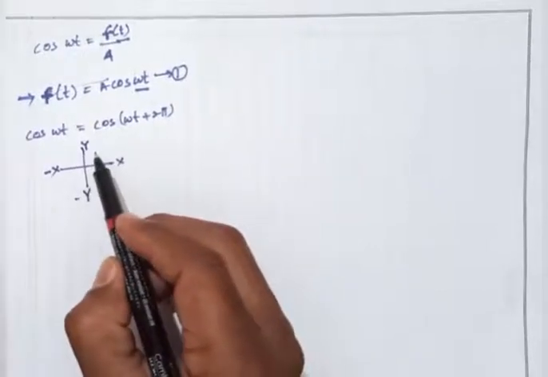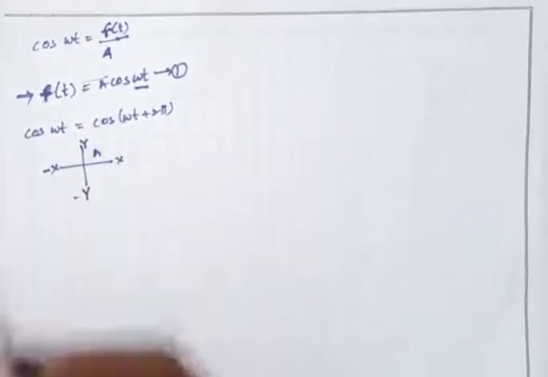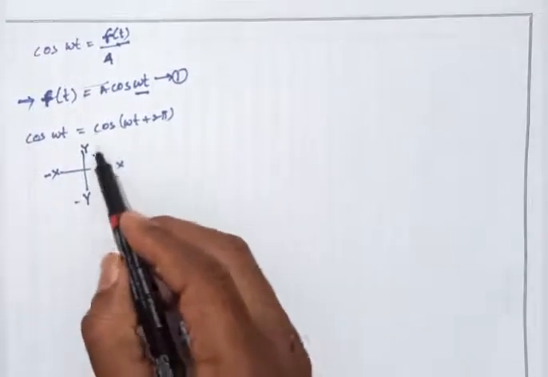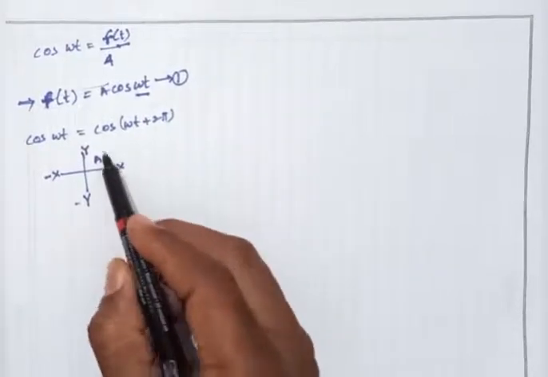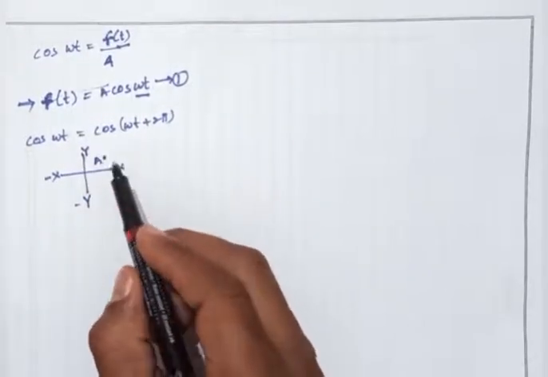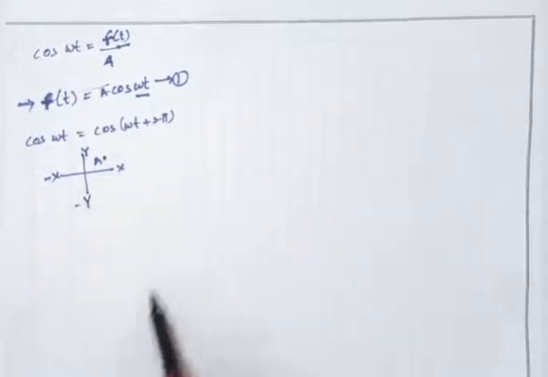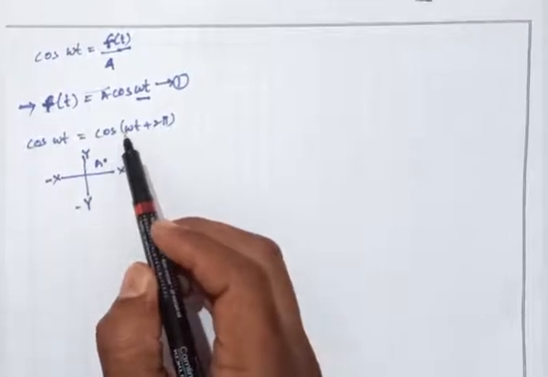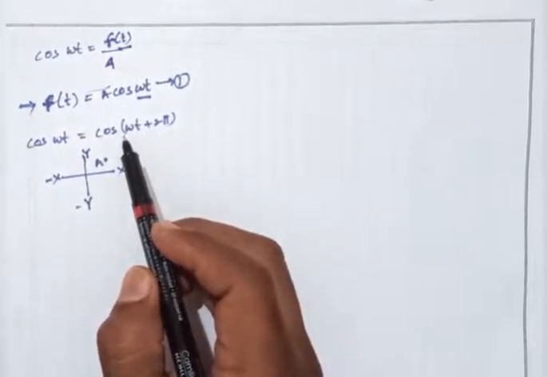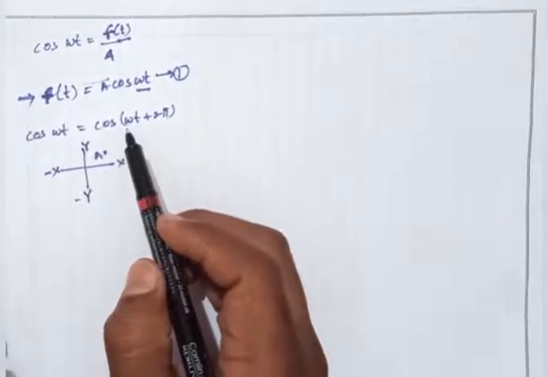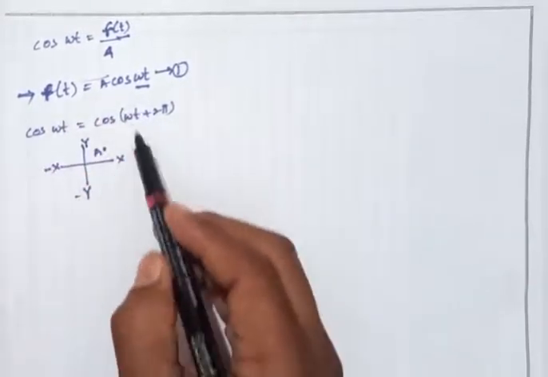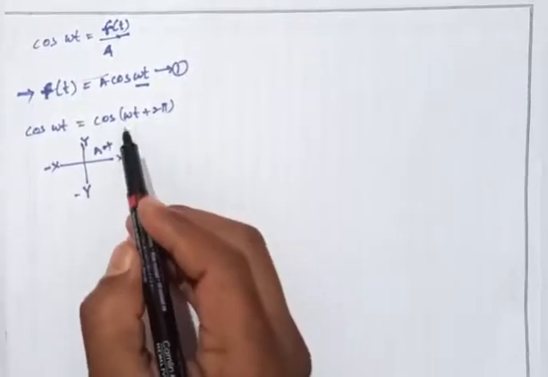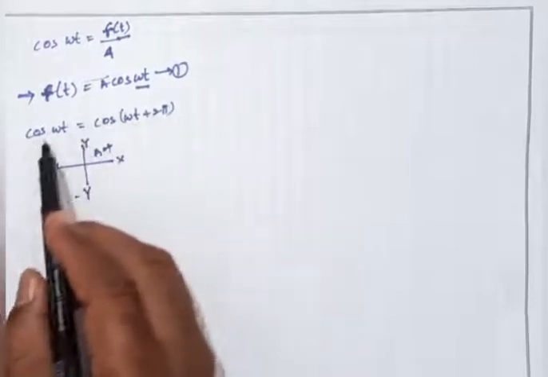In this plane, between the x-axis and y-axis, all angles are positive. 2 pi plus omega t is a complete rotation, and for such values cos, sine, tan, cot, cosec, and secant are all positive. So cos of omega t plus 2 pi equals cos omega t.